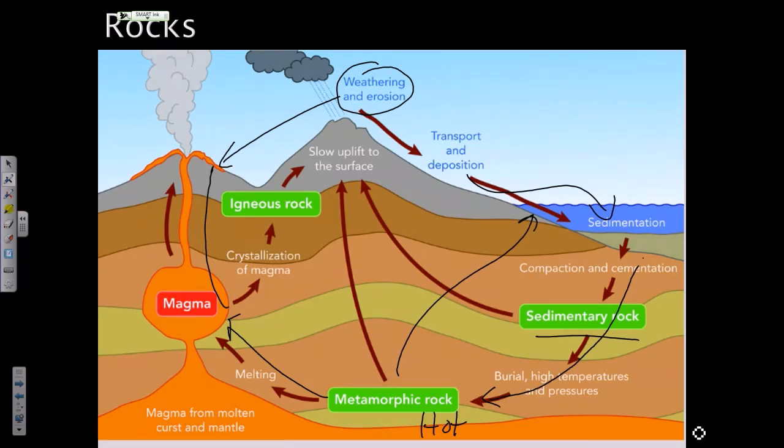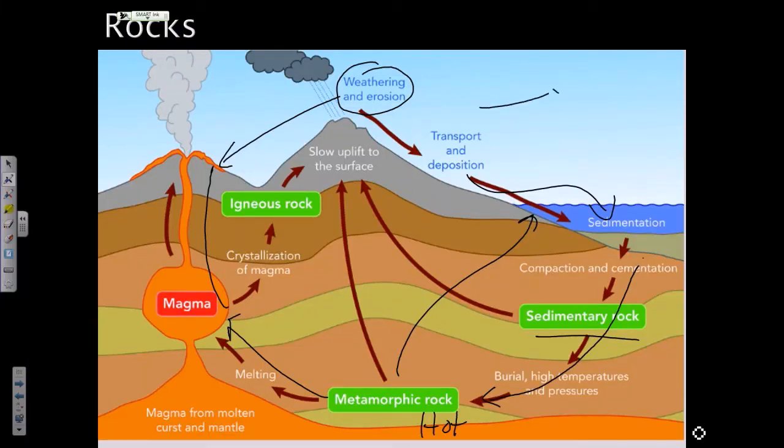The question is what drives it, and the answer is tectonics. The cycle is driven forward, okay, one rock to the next, by tectonics, and tectonics is driven by Earth's interior heat. Okay?